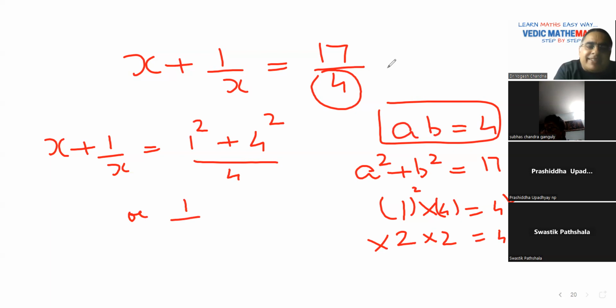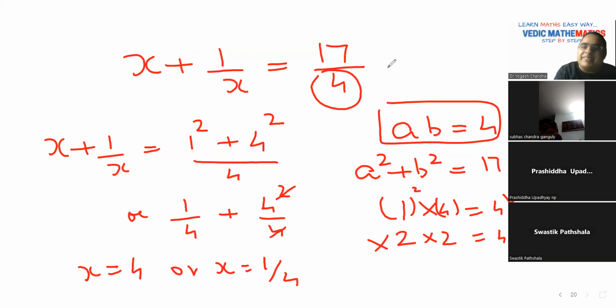Can I write like this? So, very simple. Either x is equal to 4 or x is equal to 1 by 4. So see, just by observing, if you get the factors, you are with your answer.